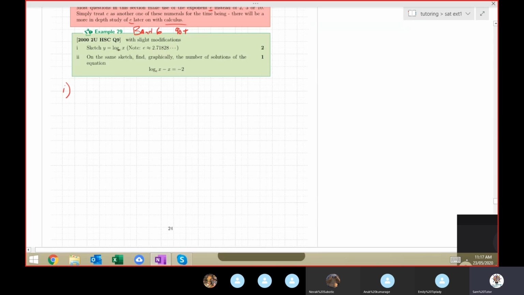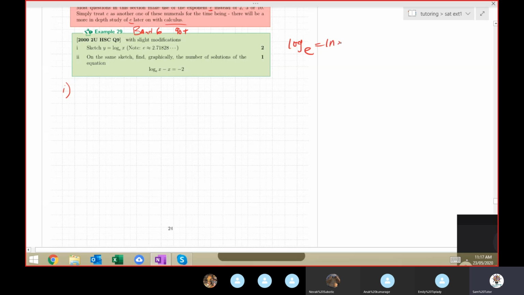That's an easy one. Sketch y equals log e x. Log e, I don't think I said this last week, but log e is specifically ln. I did say ln is base e, but I never actually said log e is ln. So just to make it clear, log e is specifically ln.